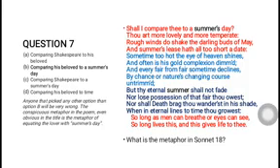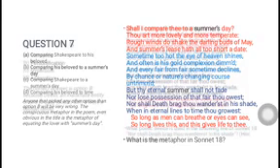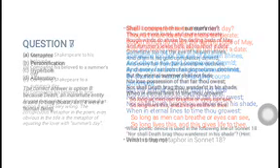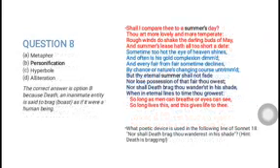So let's look at question 8. Question 8 says, what poetic device is used in the following line of Sonnet 18? "Nor shall death brag thou wanderest in his shade."